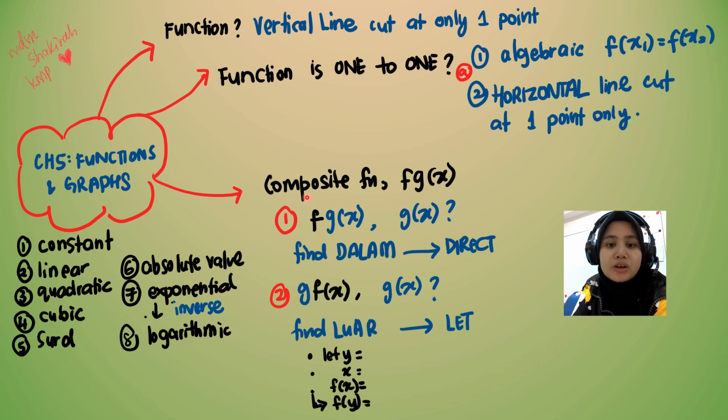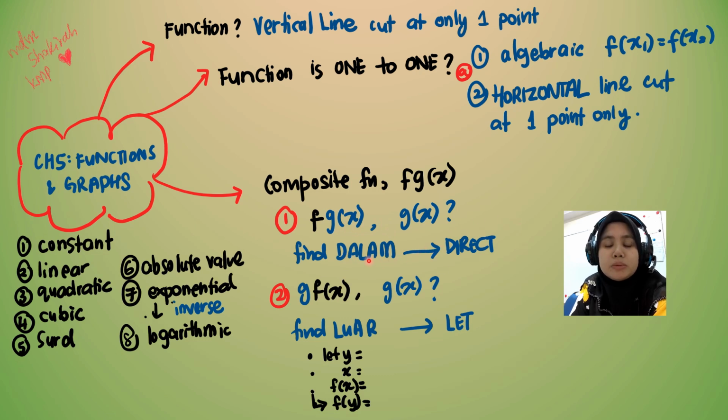Next one is composite function. Composite functions mean you put together more than one function, for example f(g(x)). For composite functions, you will need to find one of the functions. Look at number 1 here, f(g(x)), you need to find g(x). The position of g(x) is inside, or for my students I use the word dalam. For dalam, the step will be direct.